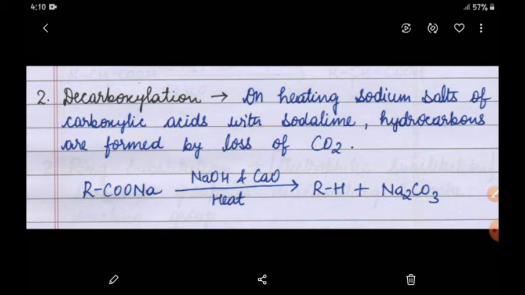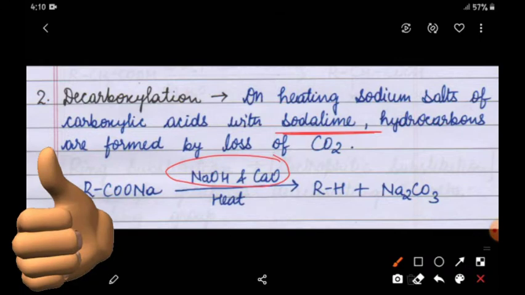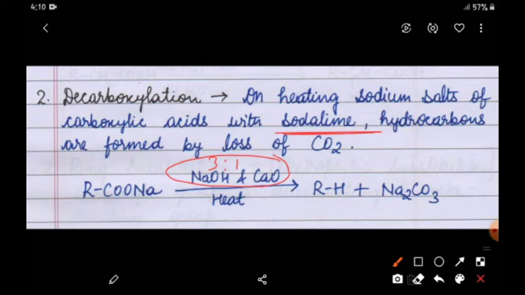Decarboxylation reaction. See what will happen here. On heating sodium salts of carboxylic acid with soda lime, what is soda lime? A mixture of NaOH and CaO in the ratio 3:1 is known as soda lime, and hydrocarbons are formed by the loss of CO2.